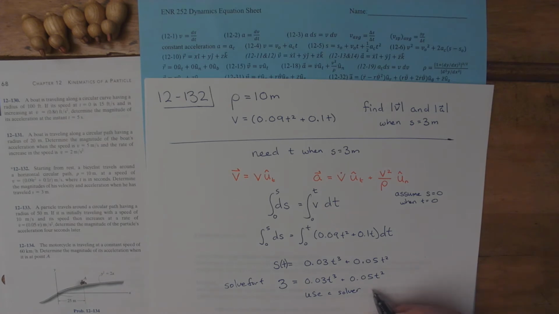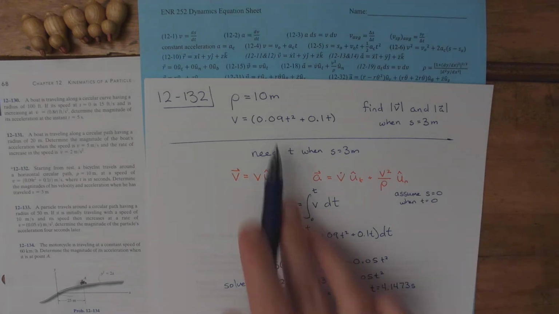You should get the only real solution for this equation is t is equal to 4.1473 s. So you know that time is not supposed to be negative and time is not supposed to be imaginary. So we have now the time when s is 3 meters.